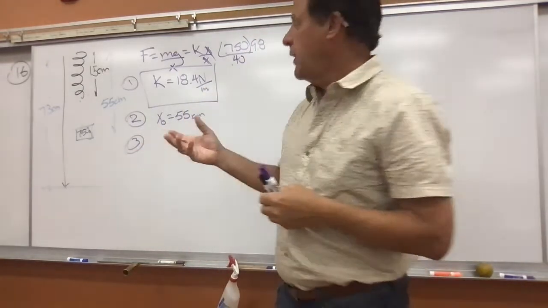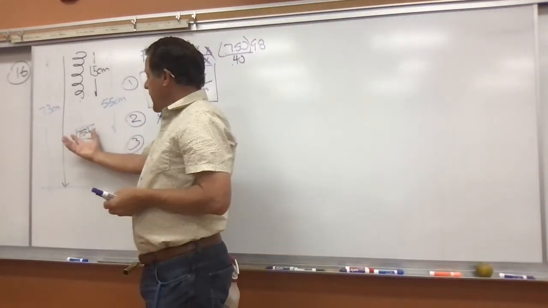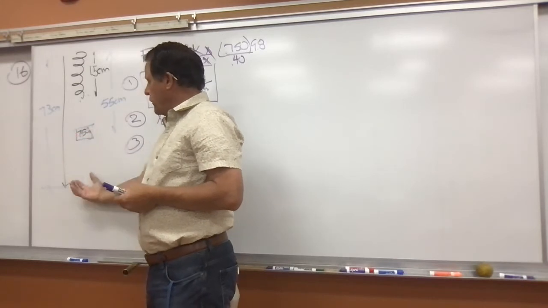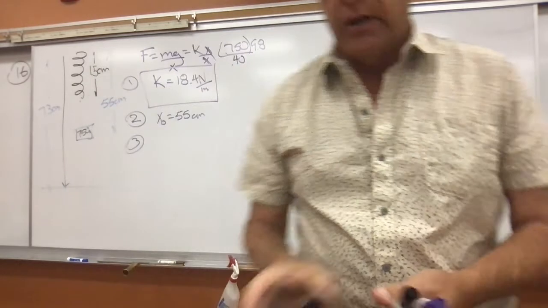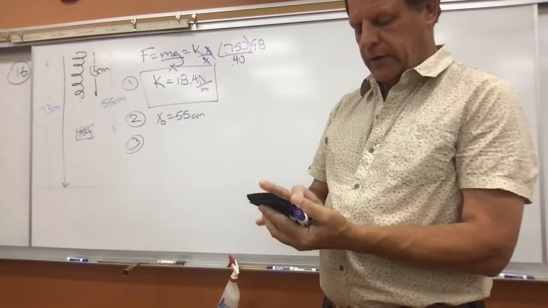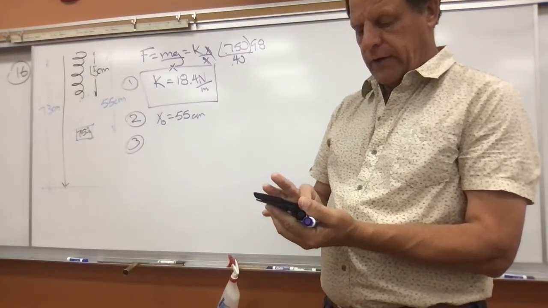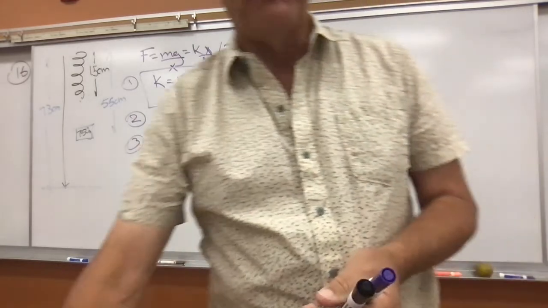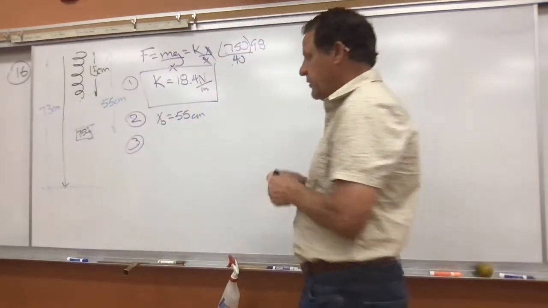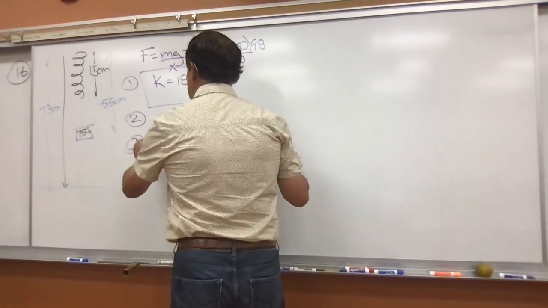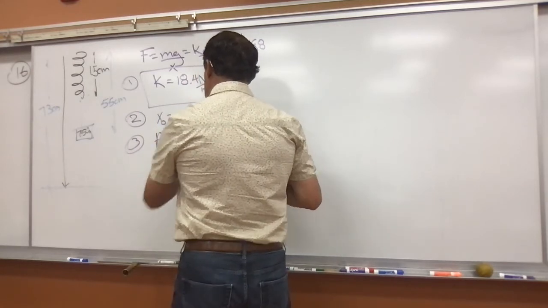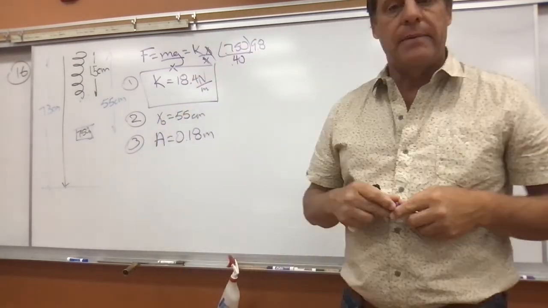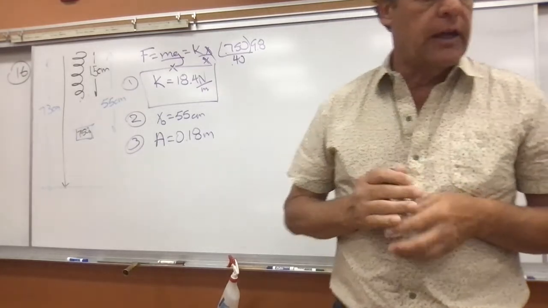So if you read the problem, once it's here at the equilibrium point, now we're going to stretch it until it is at 73 centimeters. So we're going to take 73 minus 55, and we're going to get an amplitude of 18 centimeters. So our amplitude is going to equal 0.18 meters. Okay, that is our amplitude.